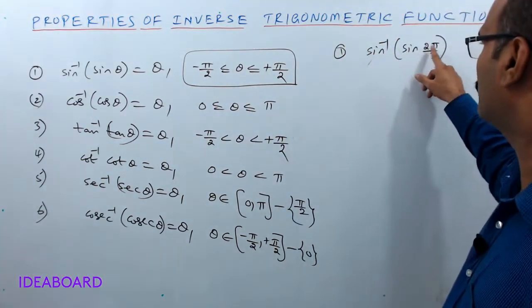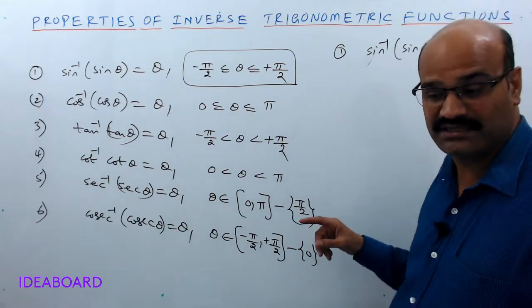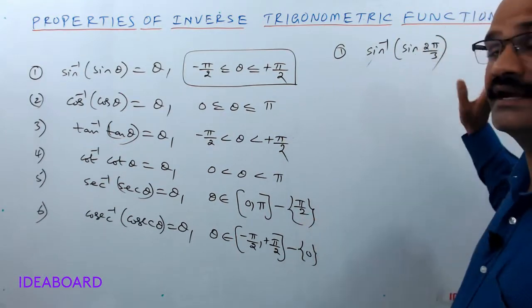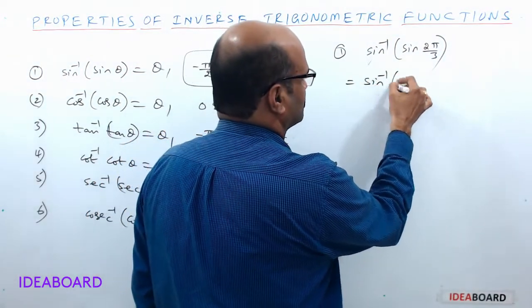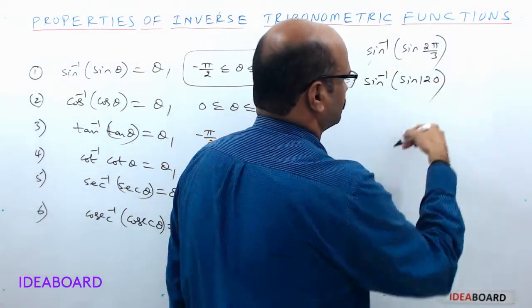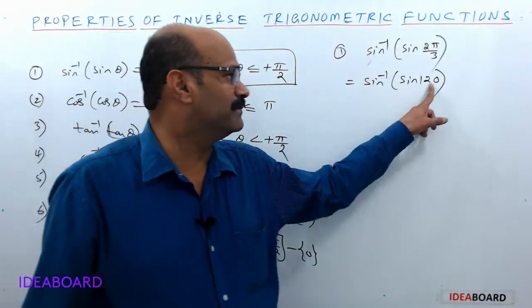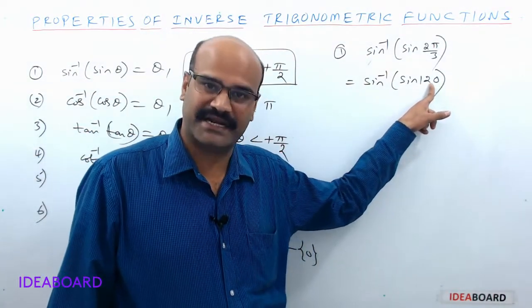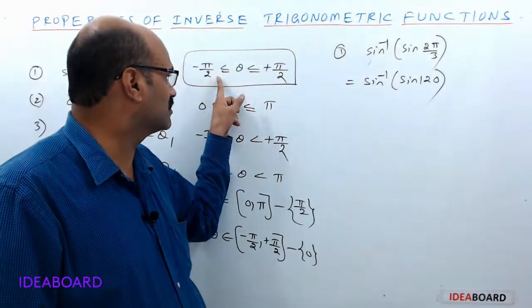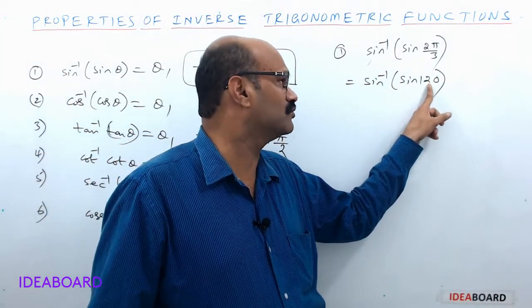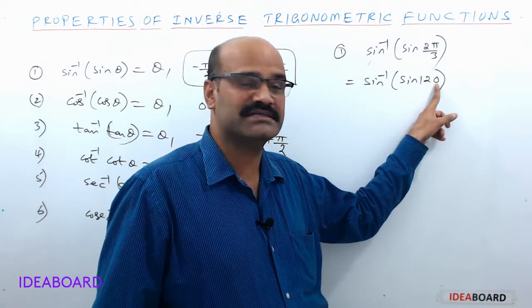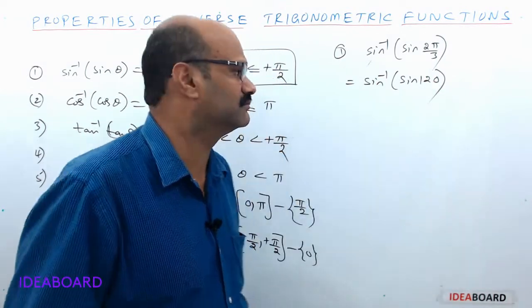But here we have 2 pi by 3. 2 pi by 3 means it is equal to 120 degrees. So it's equal to sine inverse of sine 120 degrees. But it should lie between minus 90 and plus 90 according to the given condition. So here we have to write 120 degrees as 180 minus 60.